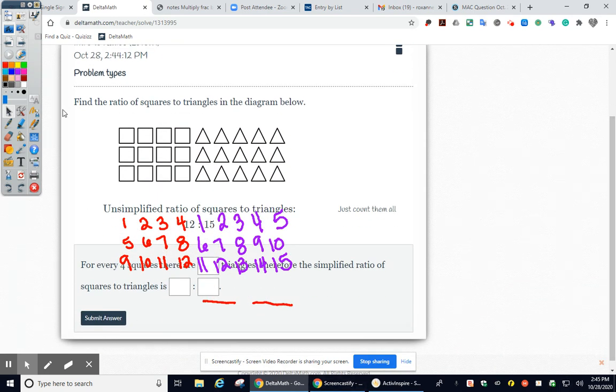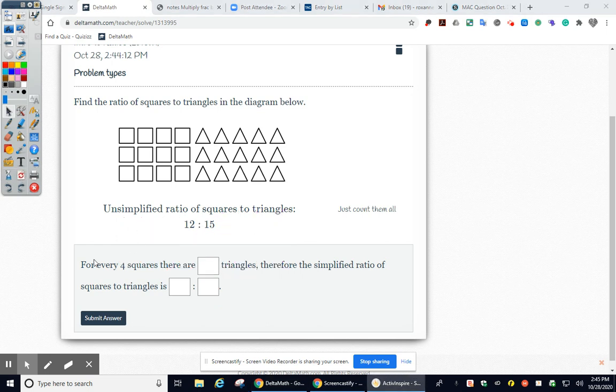I'm going to erase my work real quick. And it says for every 4 squares, there are blank triangles. So you see here in each row, there are 4 squares. And how many triangles are there? There's 1, 2, 3, 4, 5.